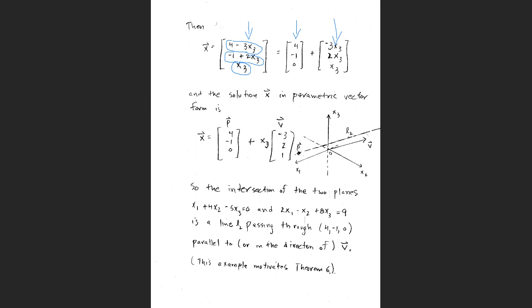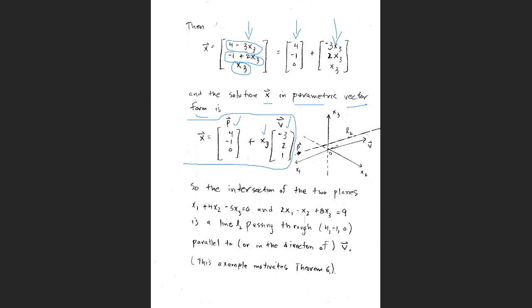And so the solution vector in parametric vector form is going to be the vector x equals this constant vector p, plus the parameter x3 times that vector v. And that vector v, we saw in the homogeneous system.